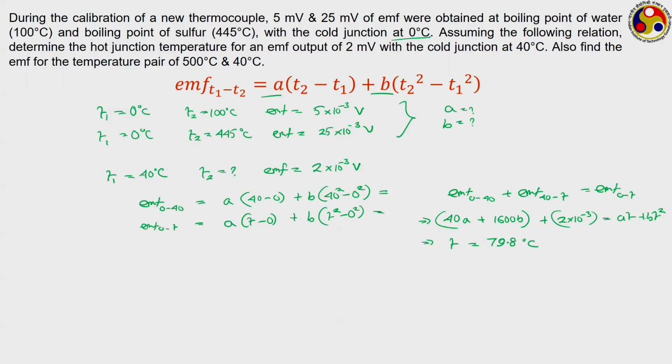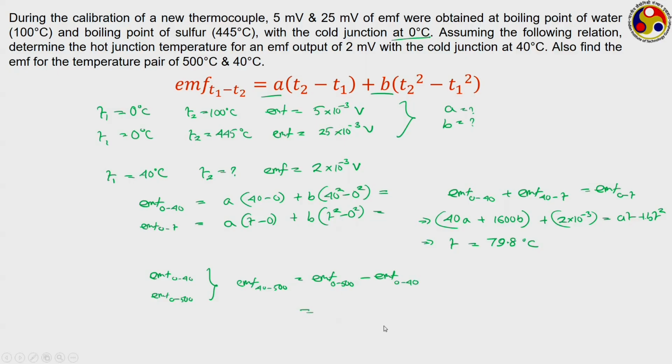For the second case, it is mentioned that we have to find the EMF for a temperature pair of 40 and 500 degrees Celsius. Again, we can follow the same procedure. The EMF corresponding to 0 to 40 can be calculated, the EMF corresponding to 0 to 500 can be calculated, then the EMF corresponding to 40 to 500 will be equal to the EMF corresponding to 0 to 500 minus the EMF corresponding to 0 to 40, and that is going to give you the result.